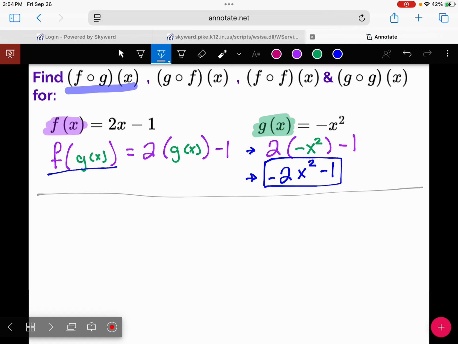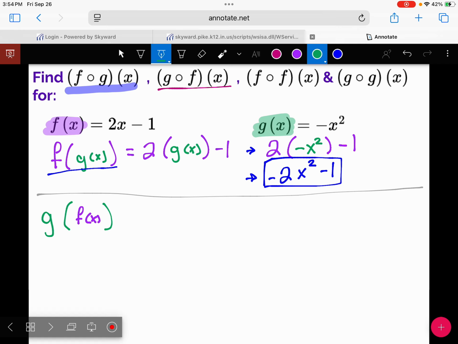So then let's do our next one. We're going to do our g of f of x. So this one's just flipping it the other way around. We're going to have our g of f of x. So we're going to take our f of x function and insert it right in here.